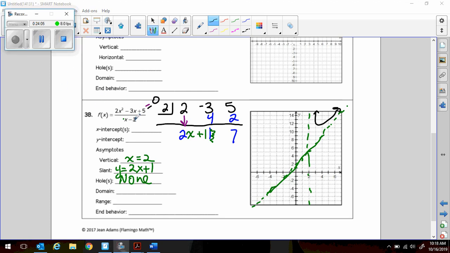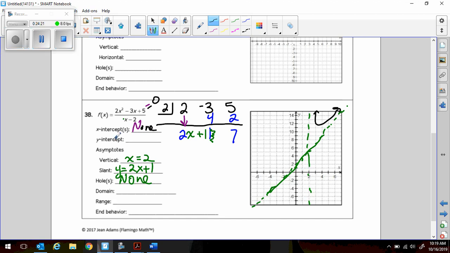Since I can't factor the numerator, I tried the quadratic formula, and this is actually not going to have any x-intercepts. So I'm going to put none, doesn't touch the x-axis. It could have right here, but it doesn't.